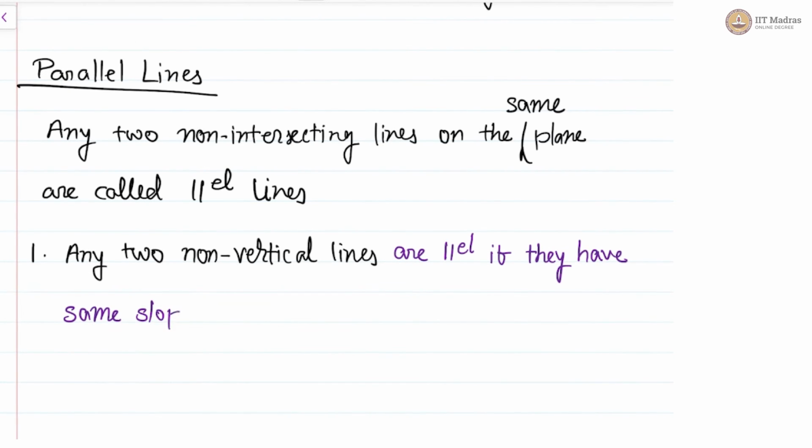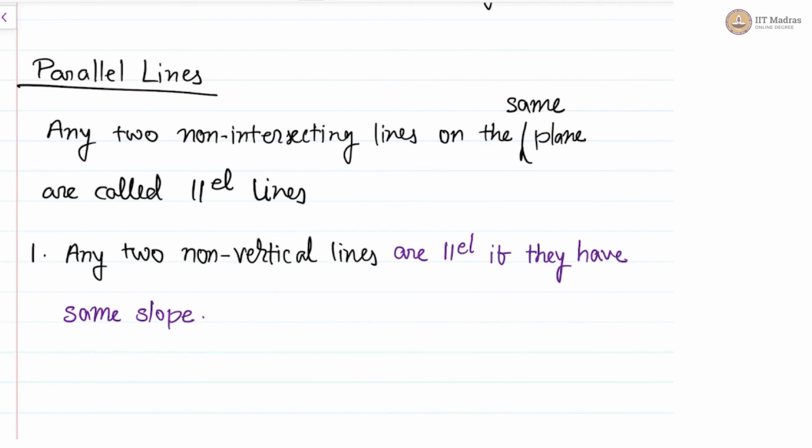Is the argument clear? If they have the same slope, they are parallel lines, because if they have the same slope, the change in y to change in x, the ratio will remain the same, and therefore they cannot intersect.